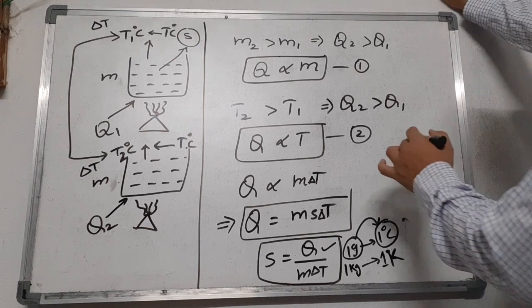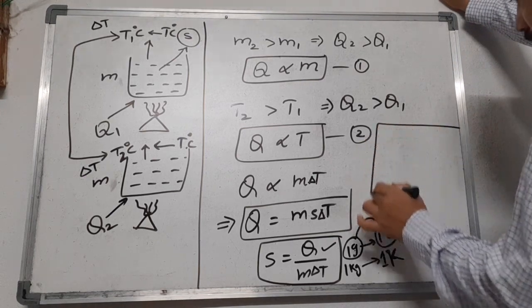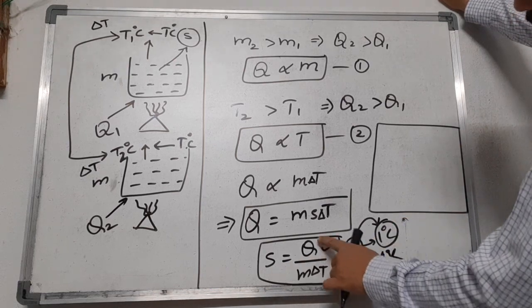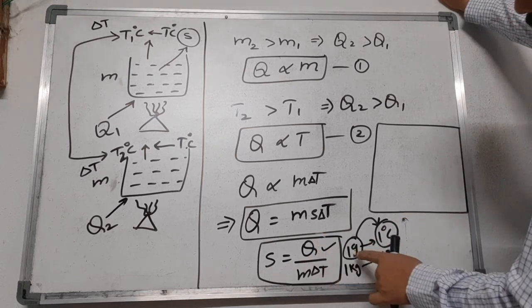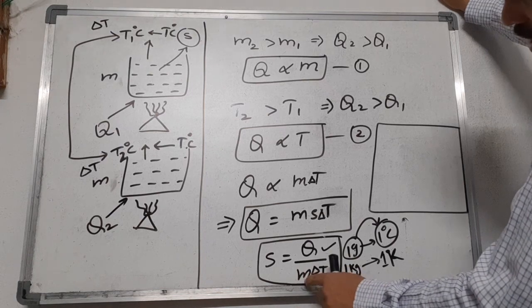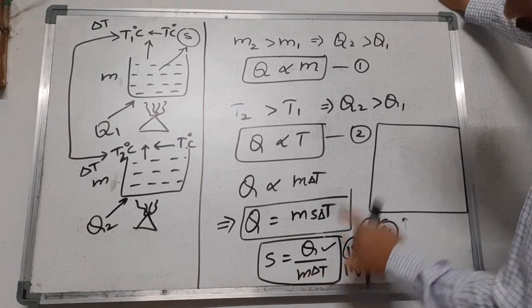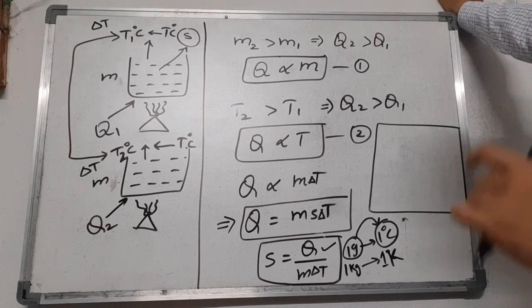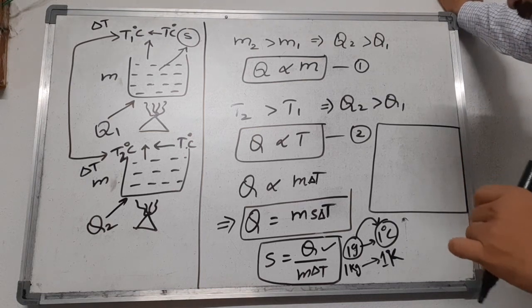And what is heat capacity? Specific heat we understood. Specific heat is nothing but the amount of heat energy required to raise the unit gram mass of a substance by unit degree Celsius temperature. Unit temperature rise in unit mass. Okay.